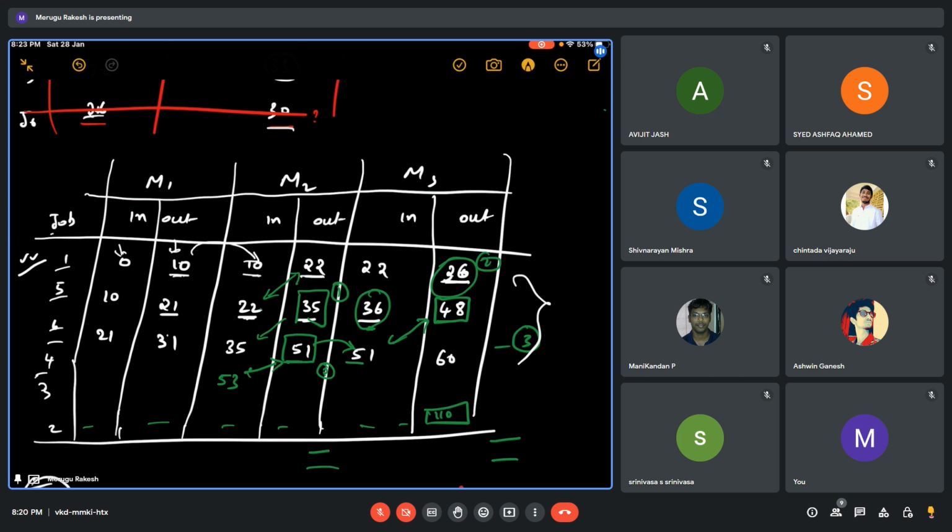Similarly, this job will get loaded to the next machine and it will complete by 36. Meanwhile, the other job will get loaded in the second machine, and the sequence continues. The only thing you need to take care of is to see these out time values and these values.